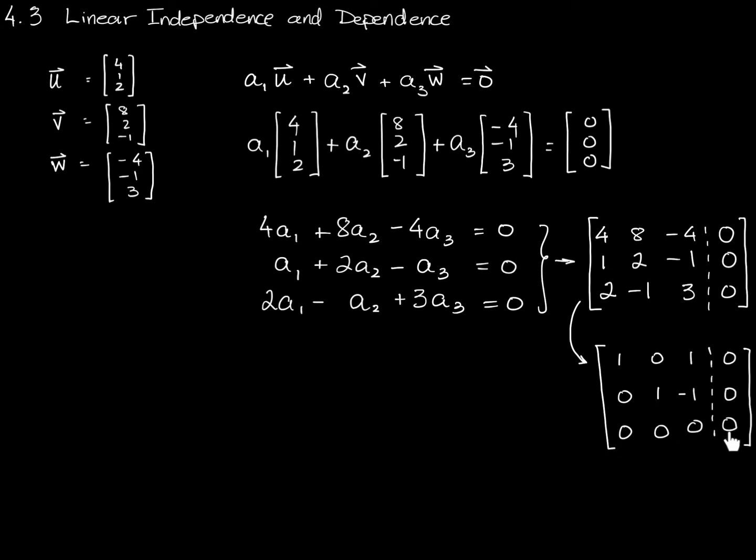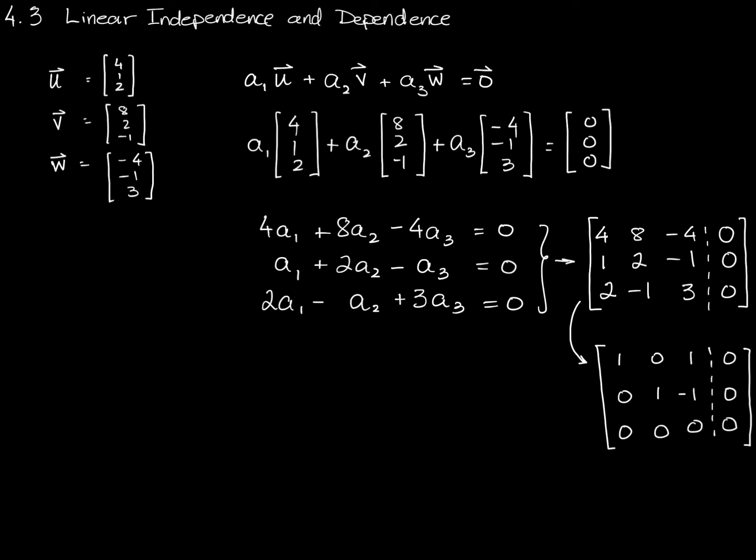This says 0 equals 0, because 0 equals 0 no matter what A1, A2, and A3 are. I can find values of A1, A2, and A3 that will make this statement true, the 0 vector, where A1, A2, and A3 are not all zeros. They're out there, they exist.